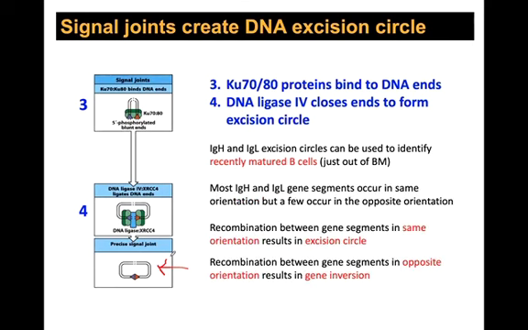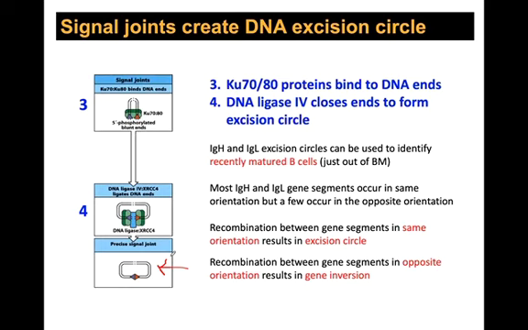There's a couple of exceptions to this. There are a few V gene segments that are inverted. There's not that many, but there's a couple. For the normal case, if they are in the correct orientation, or the normal orientation, we'll call it, where the 23 RSS is facing the 12 RSS, then you get an excision circle.